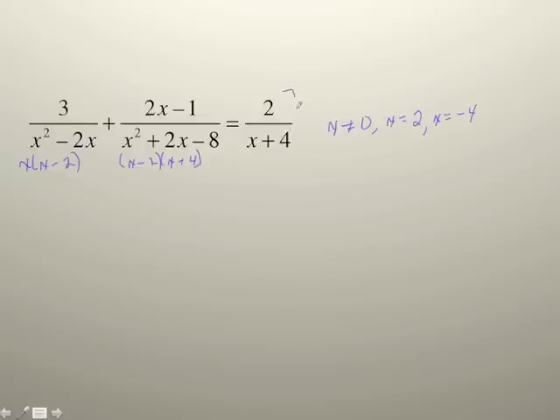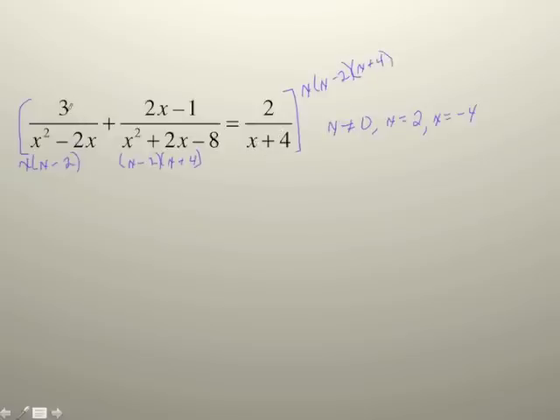Now, to solve the equation, first thing I'm going to do is multiply the entire equation by the lowest common denominator, which is, notice I have the x times x minus 2 from the first denominator. The second denominator, I've already got the x minus 2, so I just need to add the x plus 4. And then that is the last denominator.